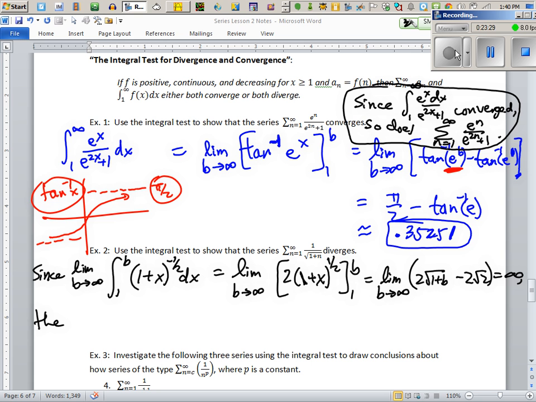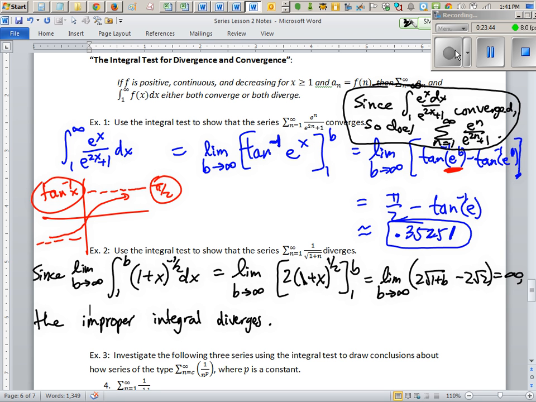Since this work is giving me infinity, the improper integral diverges. Therefore, the series diverges. The series diverges by the integral test.